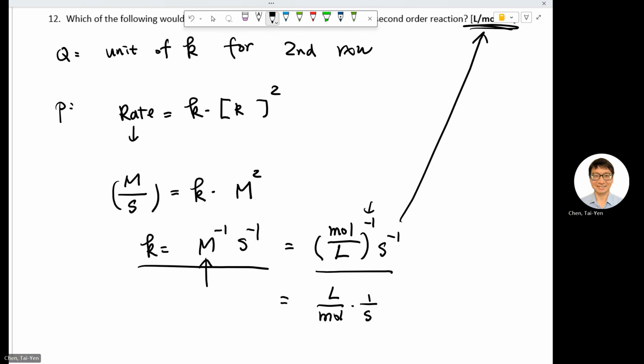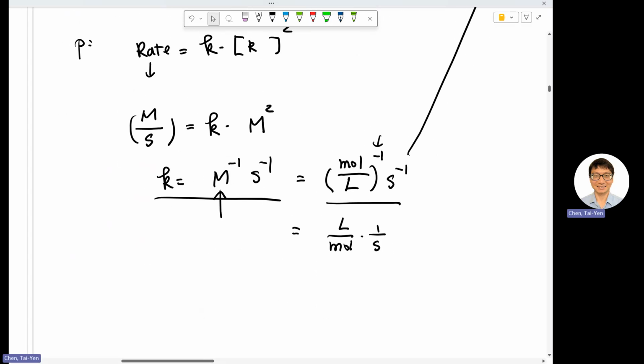Okay. So this is a typical way you solve it, right? But previously, I also gave you an equation to tell you how to solve the unit. And that equation is concentration to the power 1 minus n, times seconds to the power minus 1.